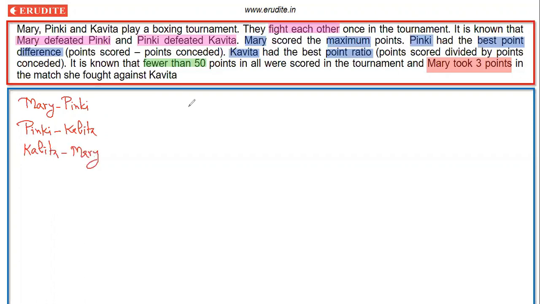These are the three games. In these three games, we have already got information that in the Mary Pinky game, Mary won, so win loss situation. Don't know the score line. Here Pinky Kavita also win loss.